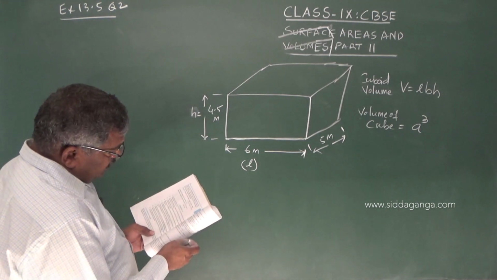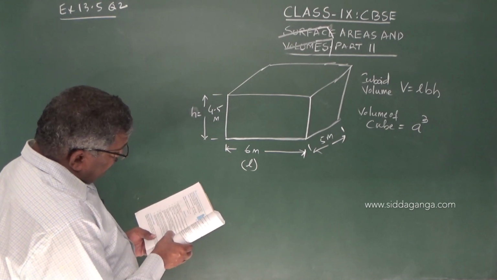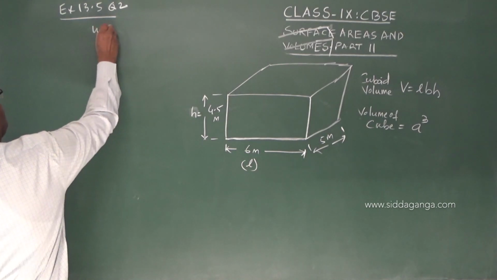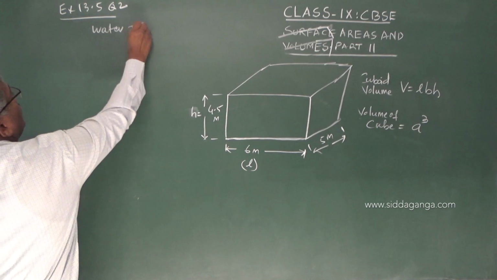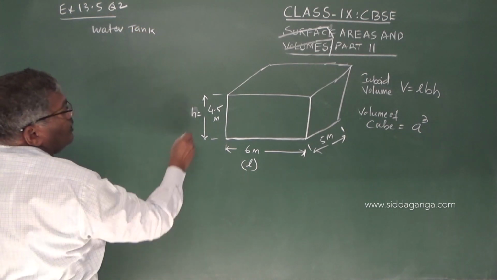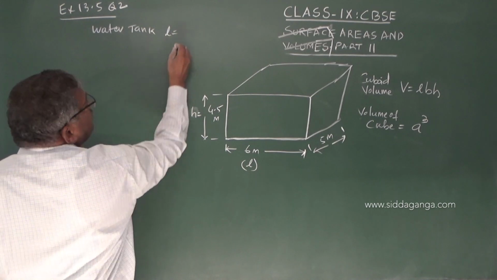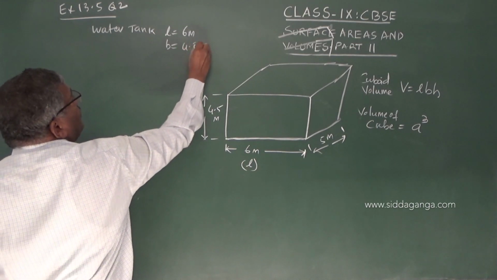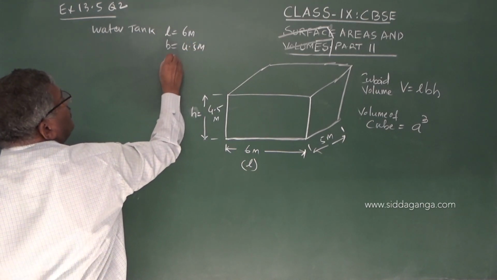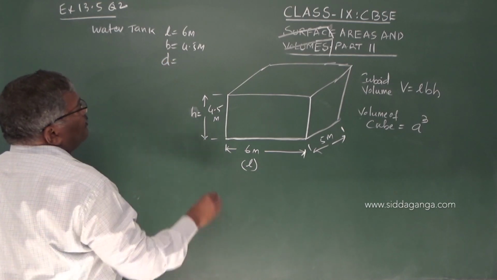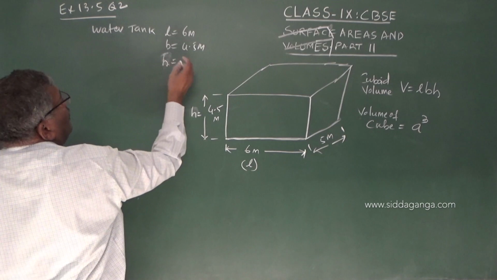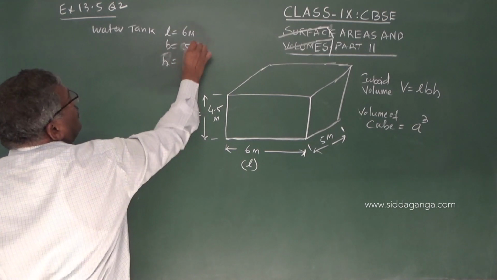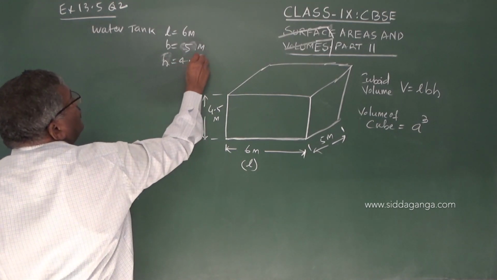Now, how many liters of water can it hold? So they have given water tank length 6 meter, breadth 5 meter, height 4.5 meter.